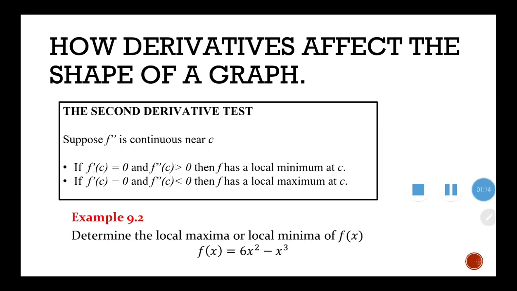and the second derivative test is, let me write it down for you here.